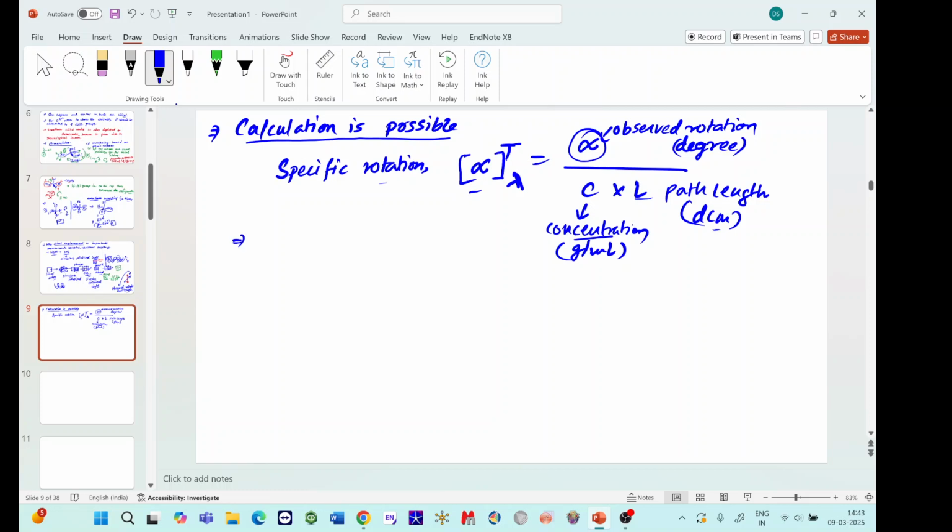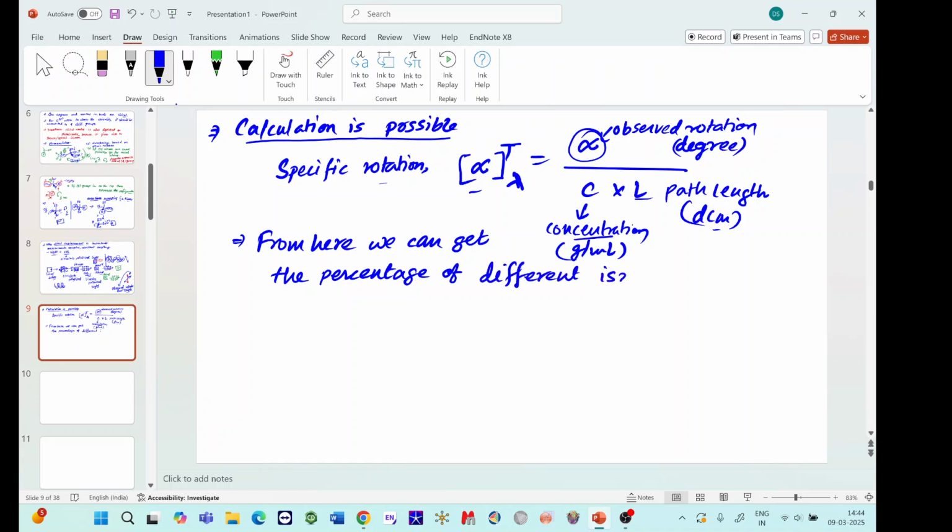And from here you can get the percentage of different isomers present, because this specific rotation is fixed or constant for all.